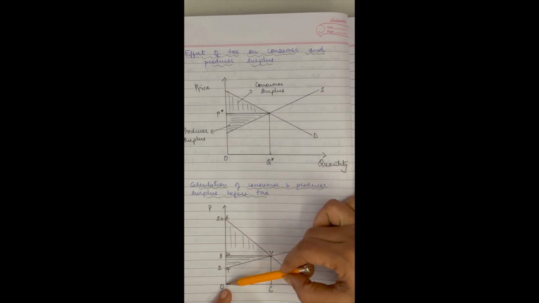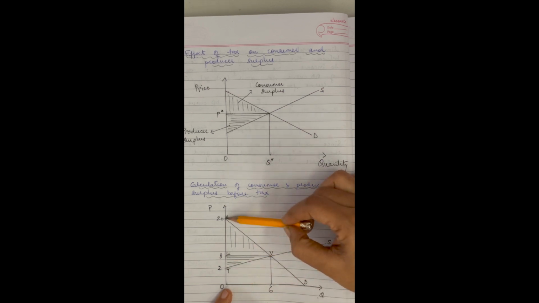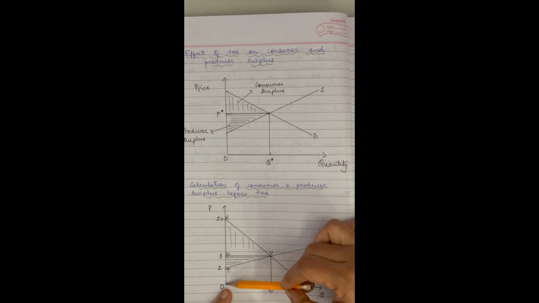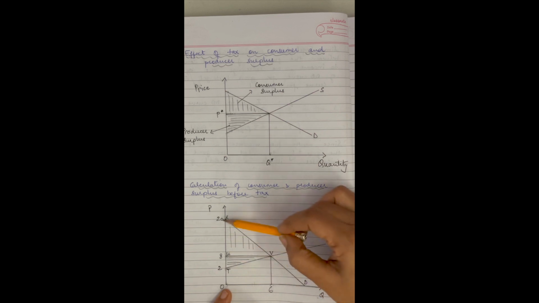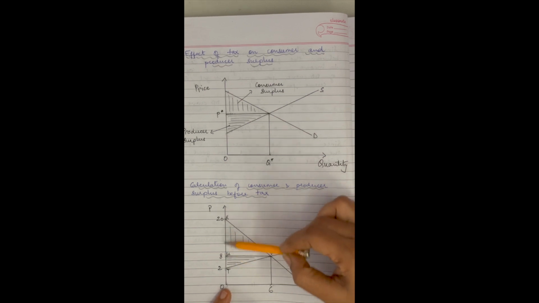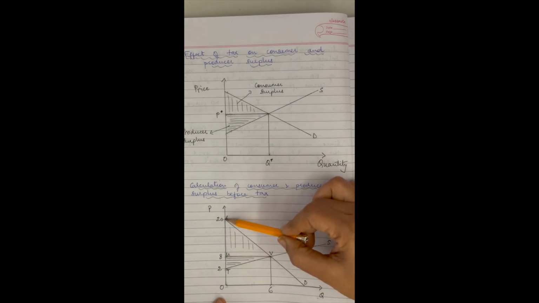From 0, here till here it's marked as 20, and from 0 till U it's marked as 8. So this 20 minus this 8 gives me this leftover line segment, which is 12. So this RU is my 12. That's how I get half into base into height.